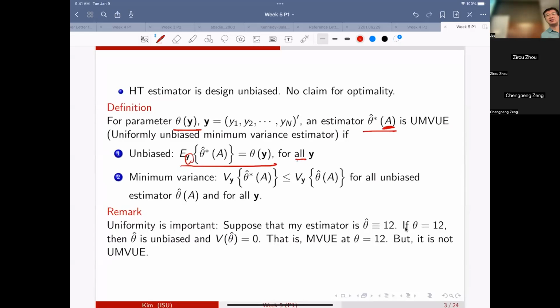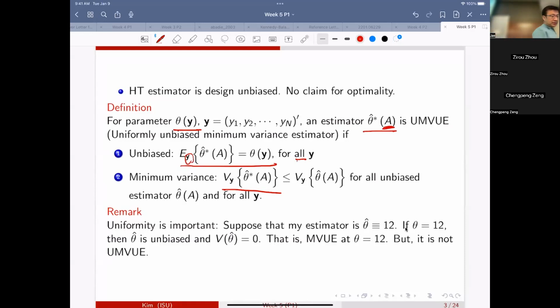So that is unbiasedness. The second condition is minimum variance. The variance should be no greater than the variance of other unbiased estimators.